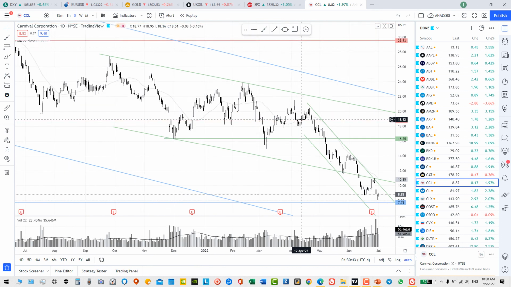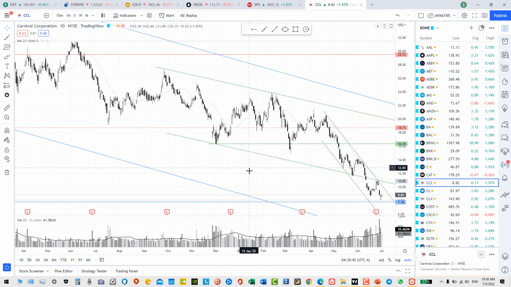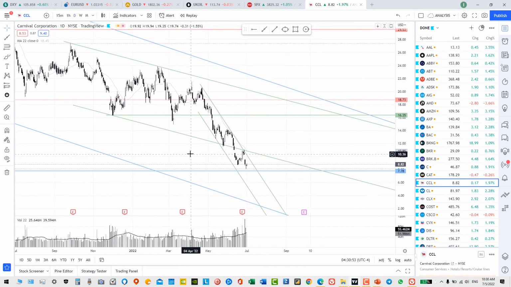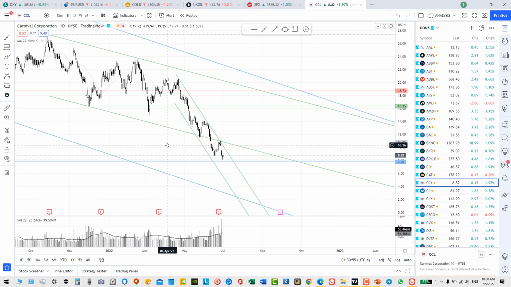What if Carnival did not manage to perform such a scenario? And even worse, what if the stock broke the very important level of the weekly support around the $8? Then the bearish picture should continue, targeting lower and lower levels, maybe 6, maybe 5, who knows at that time.